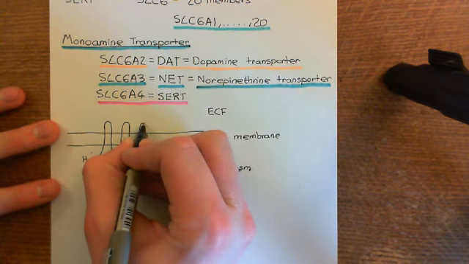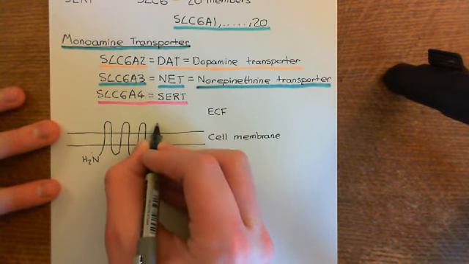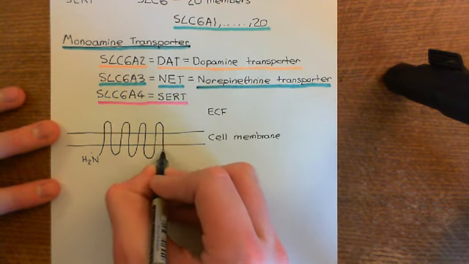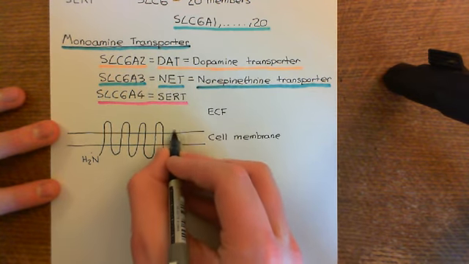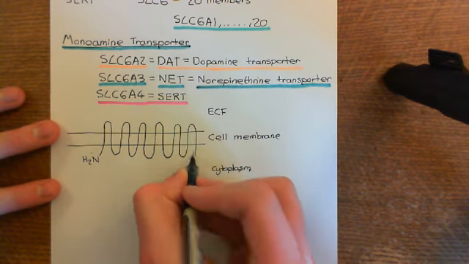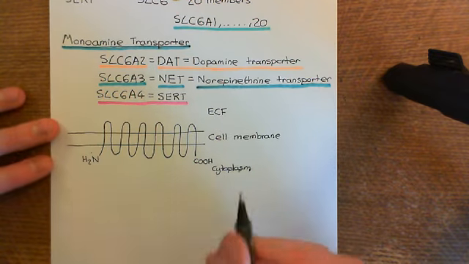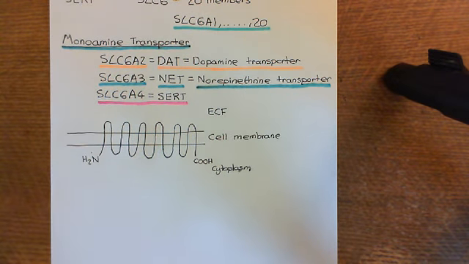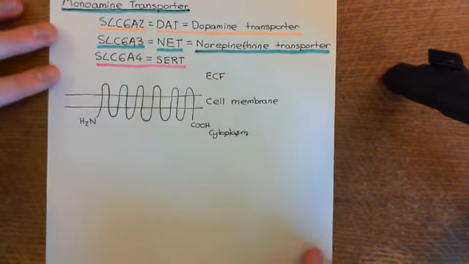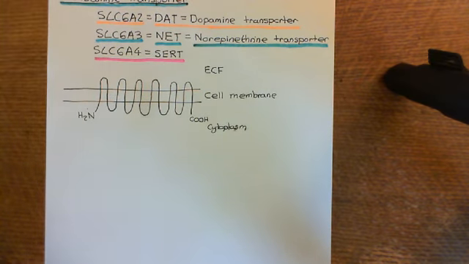Okay, and again it's going to be 12 times, just like was the case in the SLC18 family members, sorry, 18 family members rather than 12 family members. Okay, so here are the 12 membrane-spanning alpha helices, and then you'll finish with the C terminus, the carboxylic acid terminus, in the cytoplasm as well. Okay, right, so here are 12 membrane-spanning alpha helices.